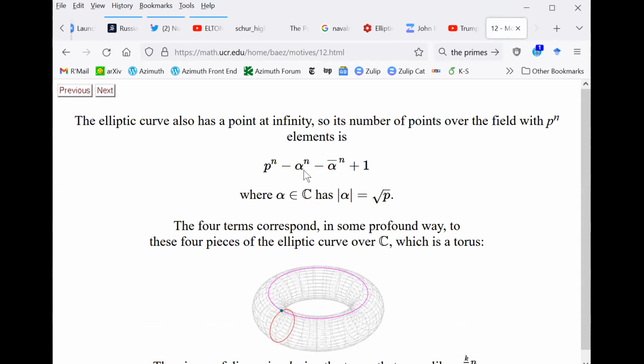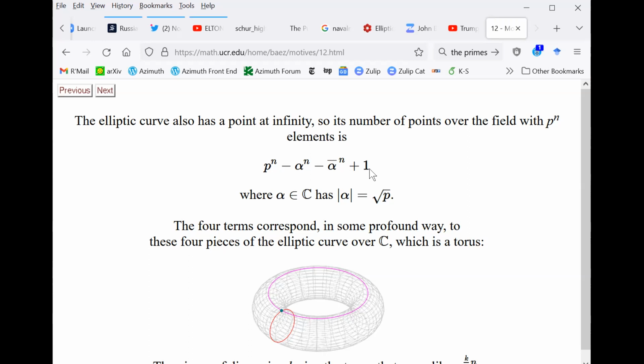So it turns out that in the case of the field with two elements, there are not that many choices for what this alpha can be, because this number here has to be an integer. And even just the fact that it's an integer when n equals 1, over the field with p elements, puts really big restrictions on what alpha can be.